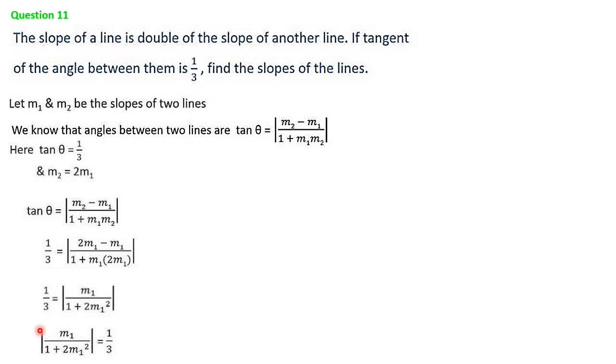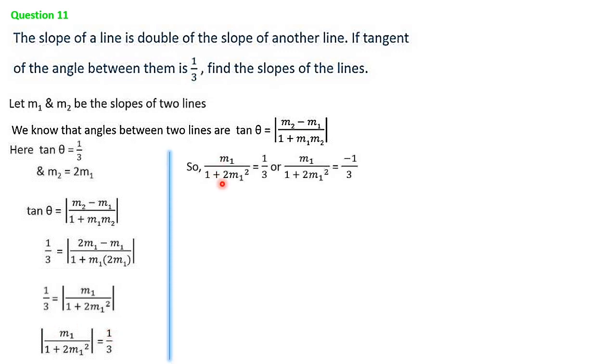So to remove the modulus, we use plus or minus 1 by 3 on the right side. So m1 by 1 plus 2 m1 square is equal to 1 by 3, or m1 by 1 plus 2 m1 square is equal to minus 1 by 3.